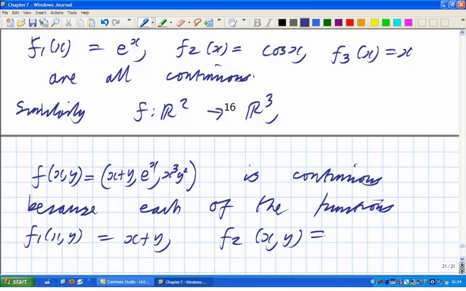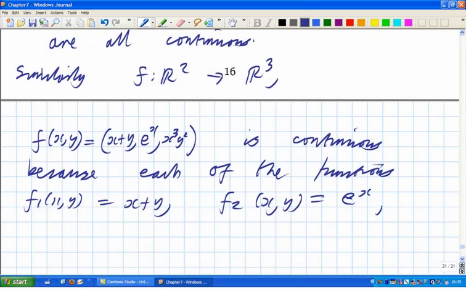Again, that's continuous, because each of the functions f1 of (x,y) equals x plus y, f2 of (x,y), again, just because it's a function of x and y doesn't mean it has to depend on y.